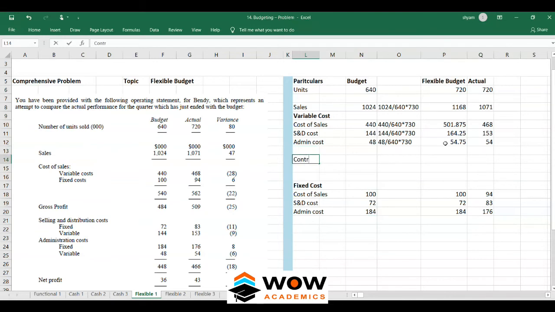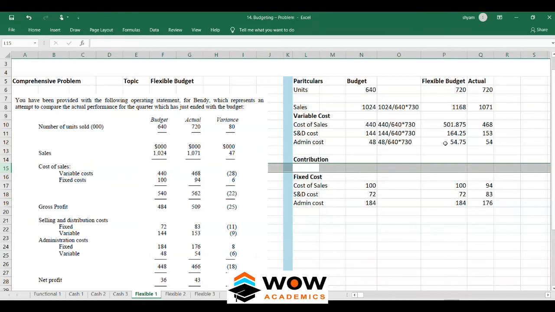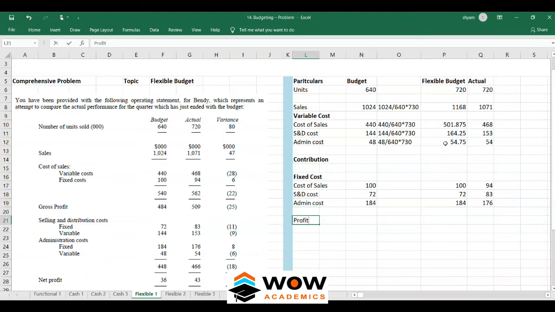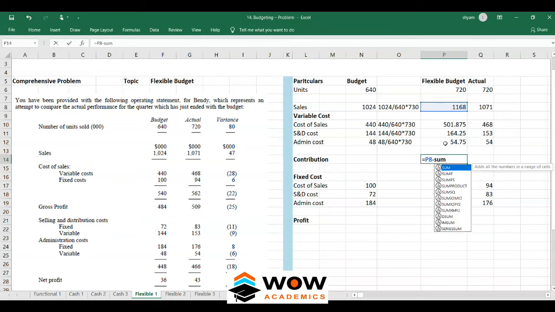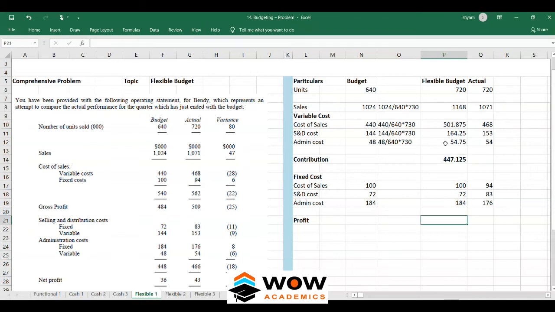We can get the contribution. The contribution would be the sales number minus all these numbers. So it's 447. So again, what would be the profit?